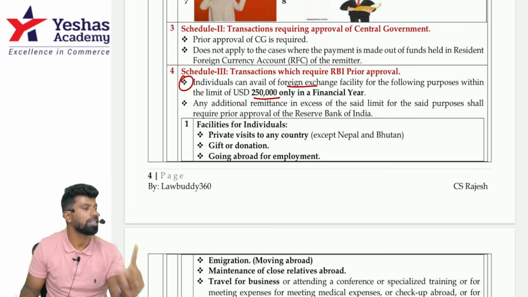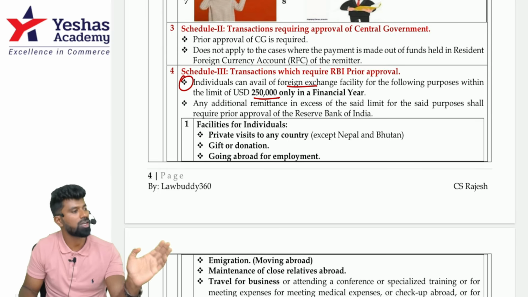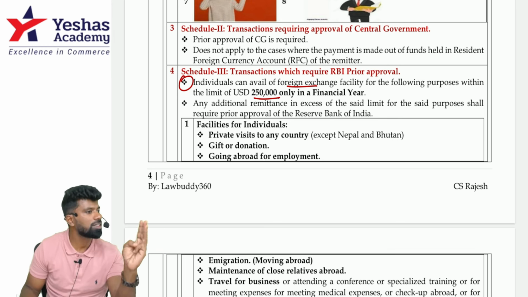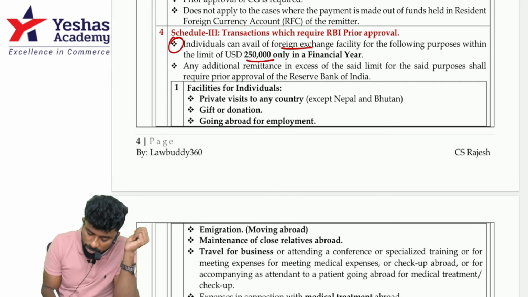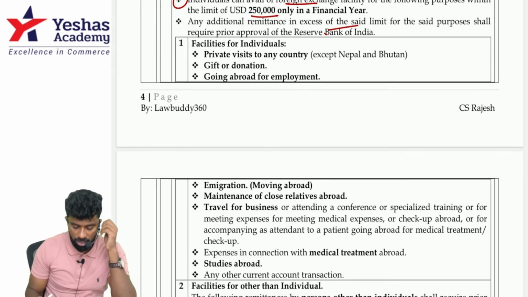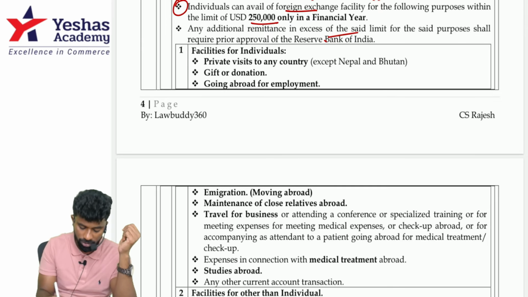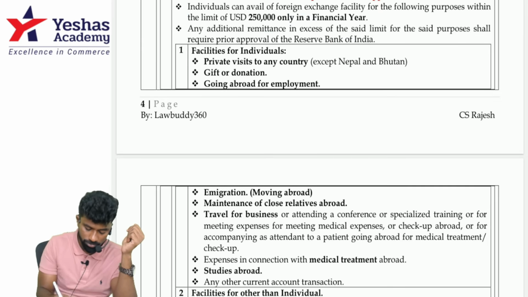If it exceeds 2,50,000 US dollars, whose approval is required? Under Schedule 3, any additional remittances in excess of the said limit for the said purposes require approval of the RBI.